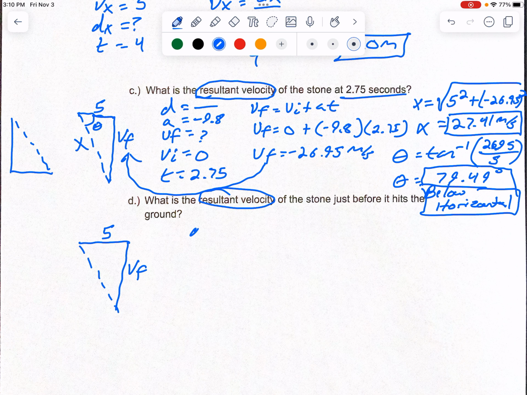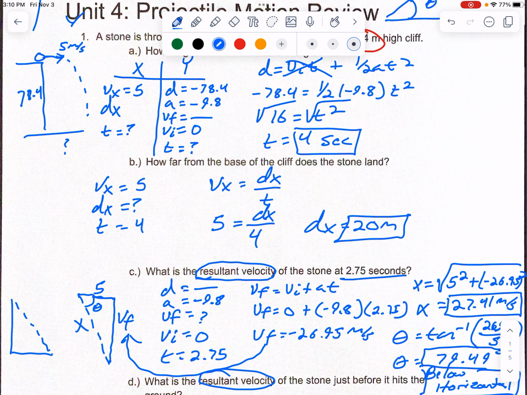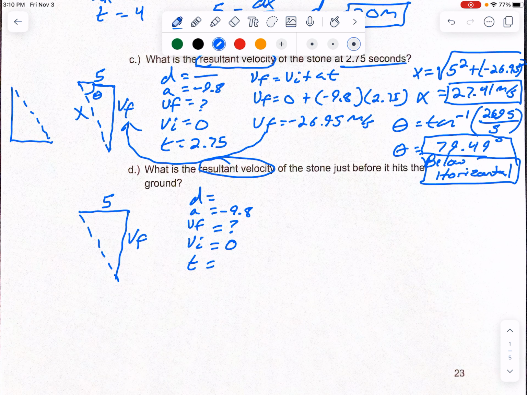So I'm going to do DAFI-T again. A is negative 9.8. VF is your question mark. VI is 0. Now we already solved for our time up here in part A, 4 seconds. So now we're going to plug in 4 seconds there. And we're still going to use the same equation of VF equals VI plus AT. So VF equals 0 plus negative 9.8 times time, which is 4.